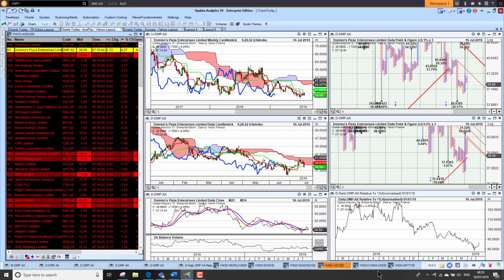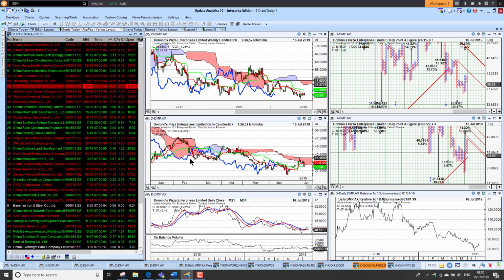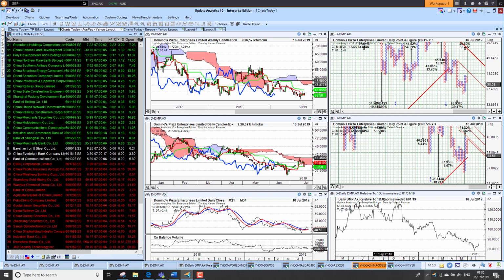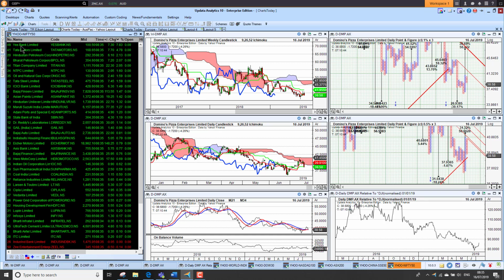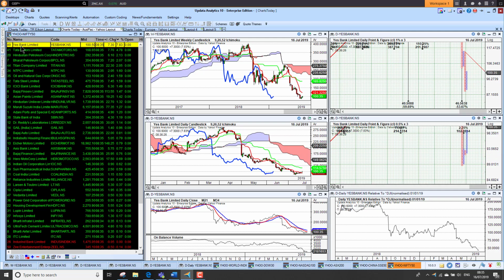Here we see live updates coming in from Yahoo. The Chinese market was pretty mixed. We saw here in the Shanghai index pretty evenly balanced. And then on the Indian market, we see Yes Bank again. They're quite often in the leaders and laggards board. Counter trend moves. The trend is still down, underperforming the market by more than 50% so far this year.